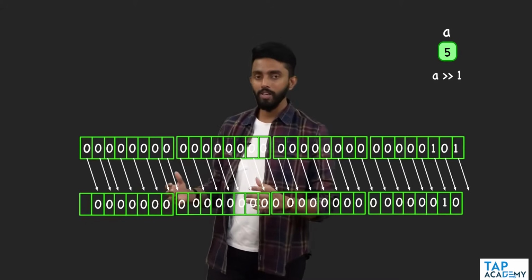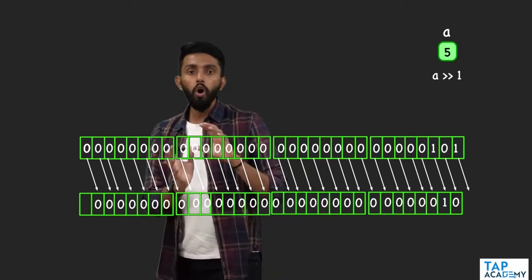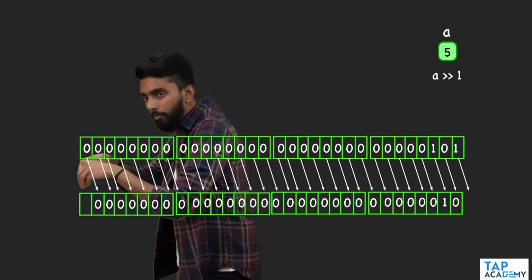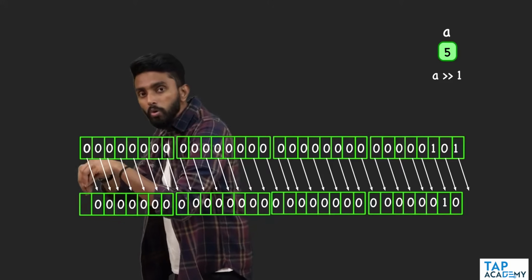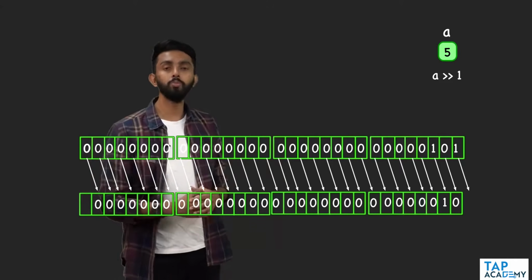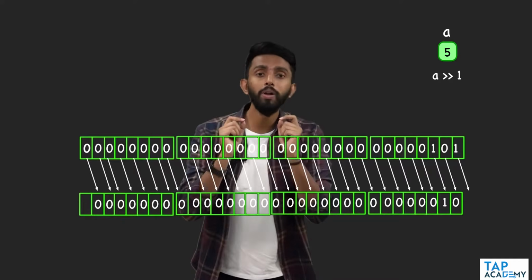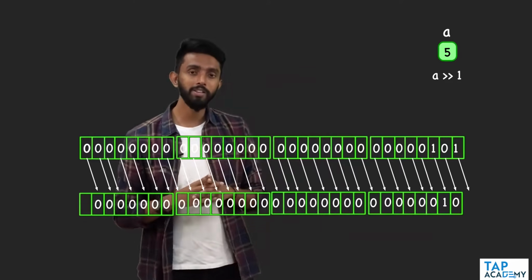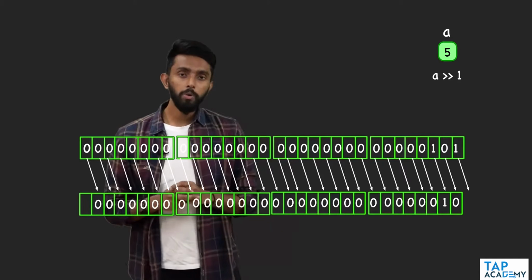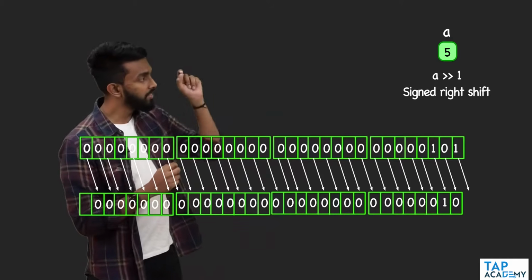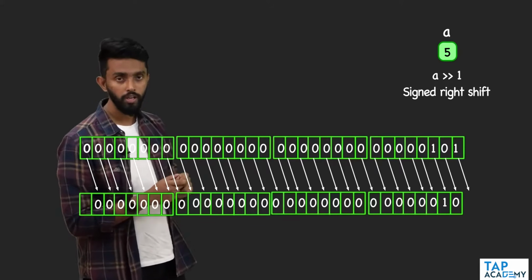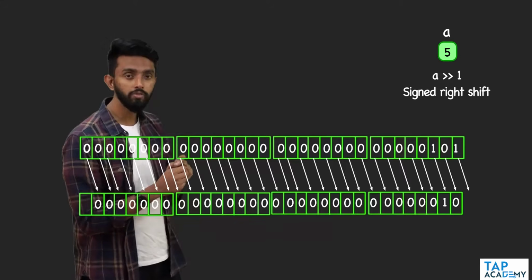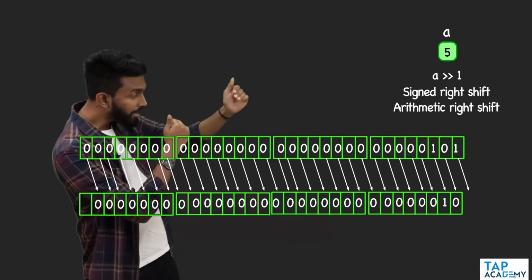Now please understand, right shift operators will automatically fill this position, but the question is, what will it fill it with? Now you must understand that the right shift operator is also called the signed right shift, or it is also called the arithmetic right shift.